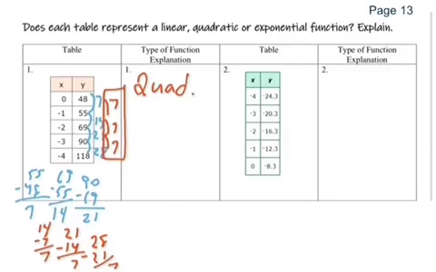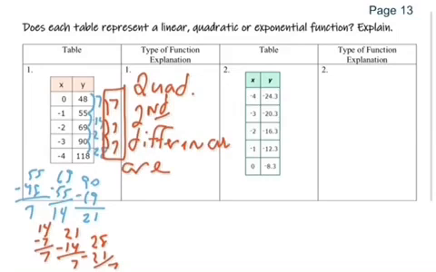And your explanation would be second differences are the same.